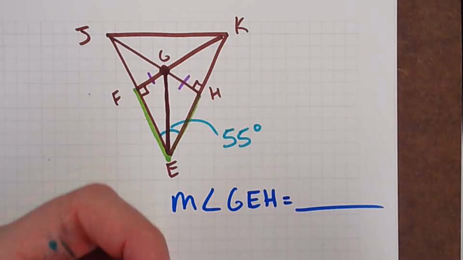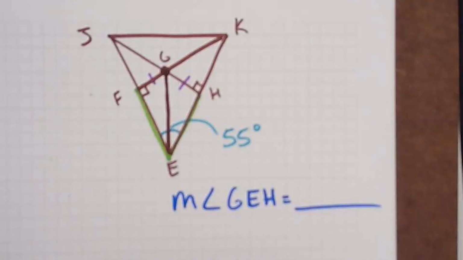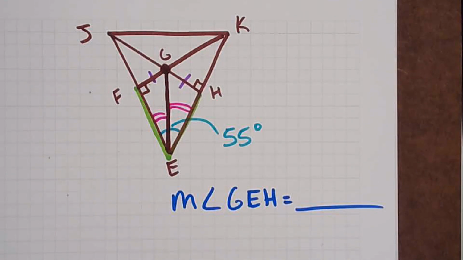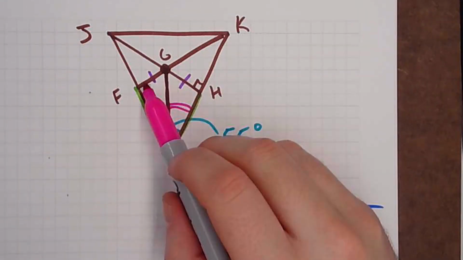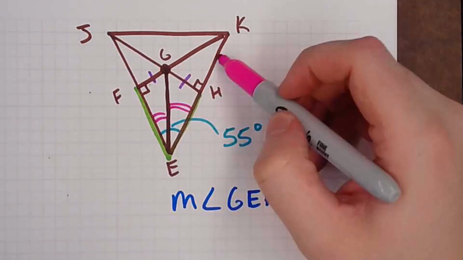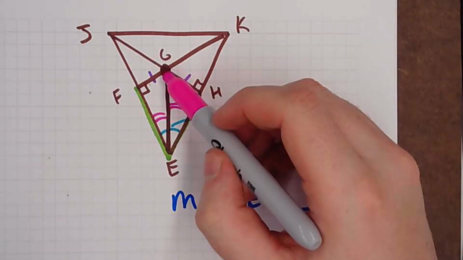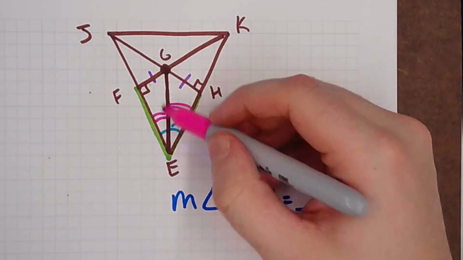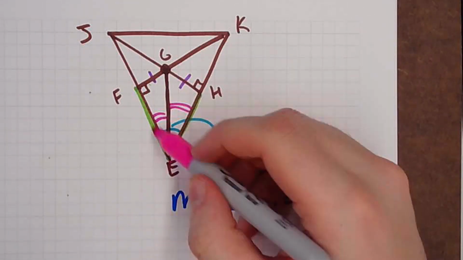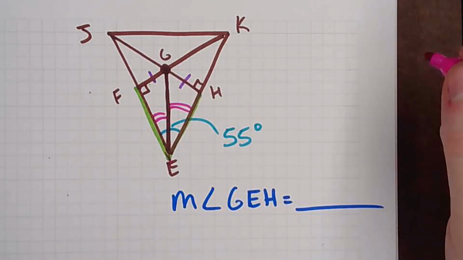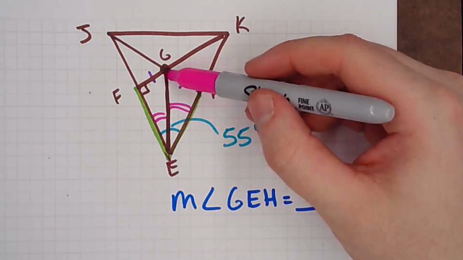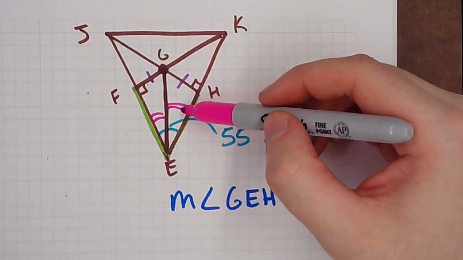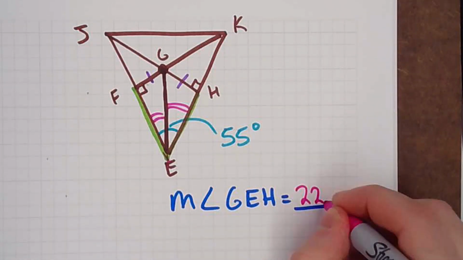So that means that this line splits up this big angle right here into 2 equal parts. We know that because this point is the same distance from both sides of the angle. Here's our big angle. It's the same distance from this side of the angle and this side of the angle. So therefore, this right here is an angle bisector. So it cuts this green angle into 2 equal pieces. So when they ask GEH, what measure is that? GEH is this one right here. Well, it's going to be half of 55, which is 22.5 degrees.